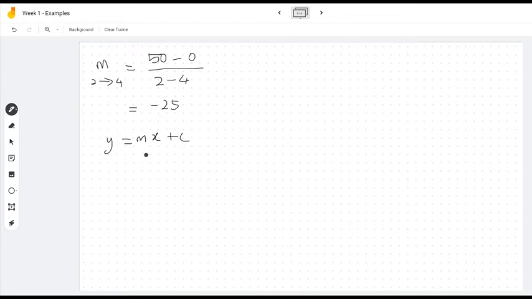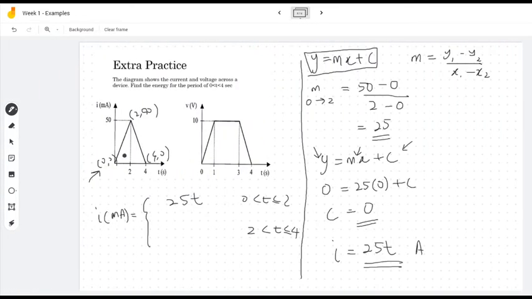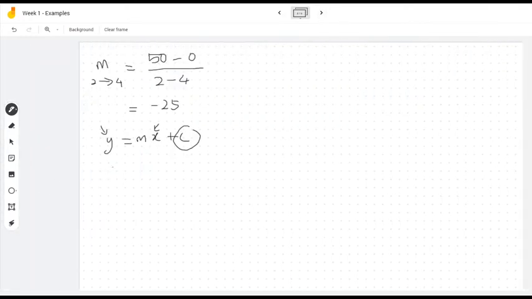You need to take one coordinate, substitute this bit and this bit to get your c. Okay, why not we take 4, 0? So when y equals 0 and your gradient is negative 25, your x-axis cuts off at 4. So what is your c? Your c is 100. So when you want to write your equation of a straight line, your y-axis is I, your m is negative 25, your x-axis is t, and then your c is 100.